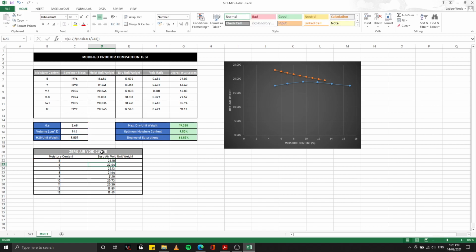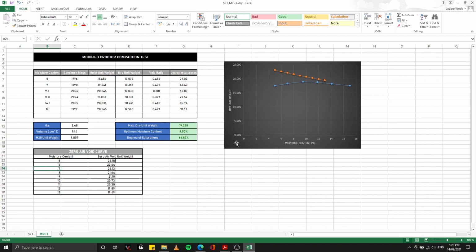Yan. Para makuha ang ating zero air void. The same formula pa rin again sa pagkuha ng zero air sa different na mga values ng ating moisture content. Then, remind ko lang again, dito sa moisture content natin, mag-assume dapat tayo ng mga values nito. So, dapat, the best values is yung nagkakasunod-sunod ng mga values.